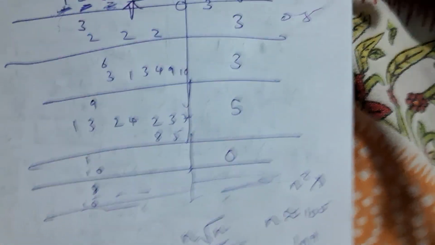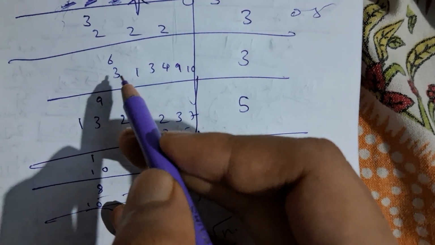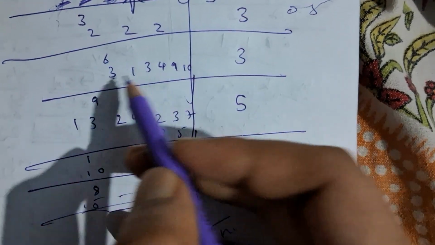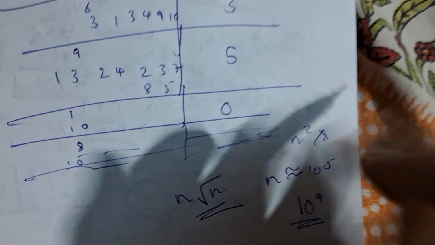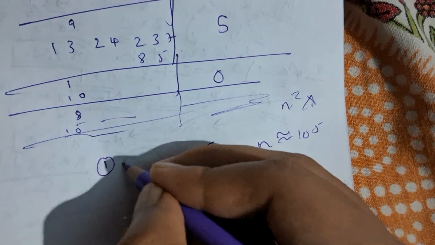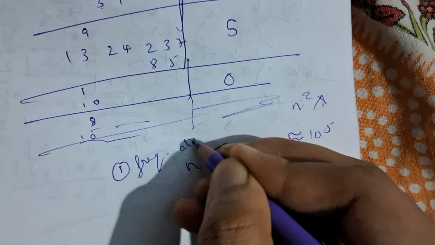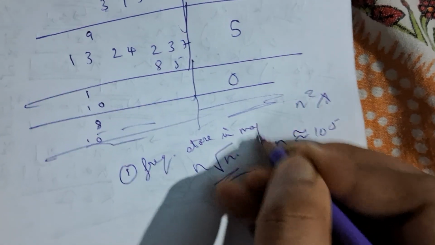So first of all, you can take a map and store the frequency of all the elements in the array. So step 1 will be storing the frequency in a map.